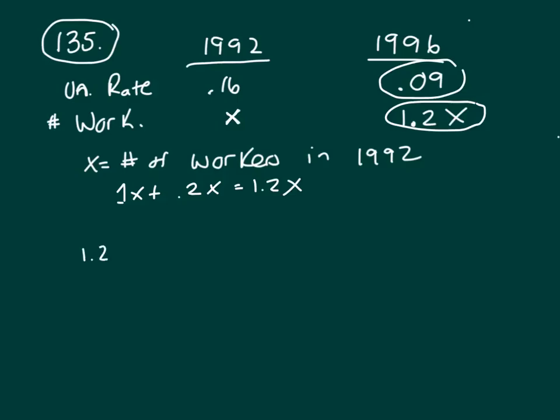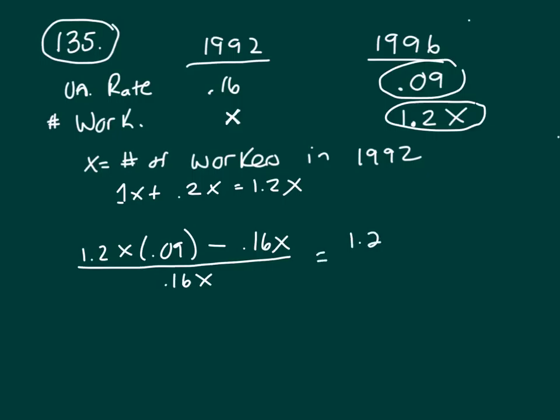So 1.2x times 0.09, and you subtract the original, which is 1992, and that's going to be 0.16x, divided by the original, and that's 0.16x. So the first thing I would recognize is that there's an x in every term, so I would just get rid of that. So that's 1.2 times 0.09 minus 0.16 over 0.16.